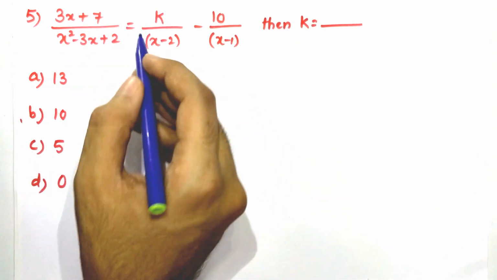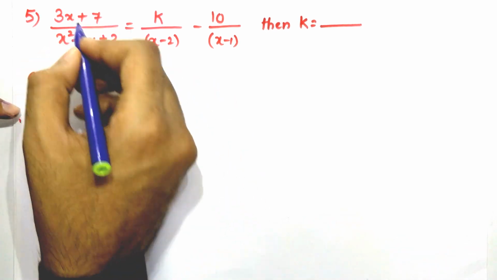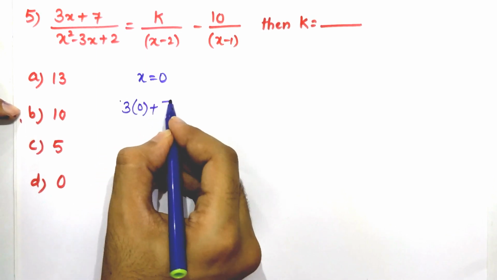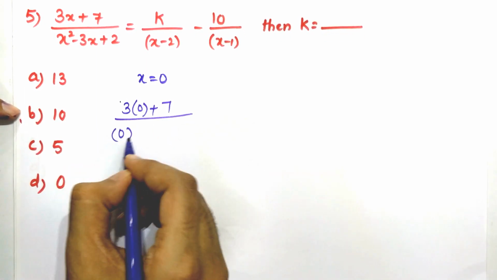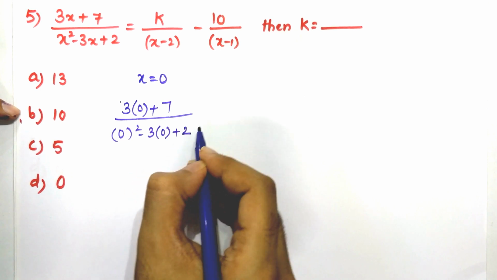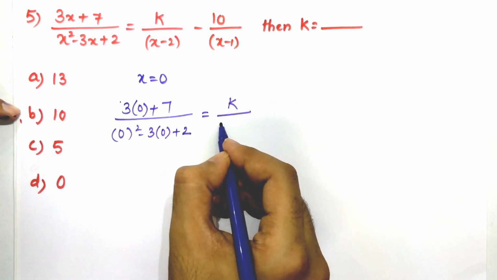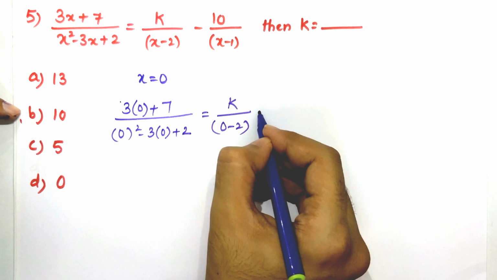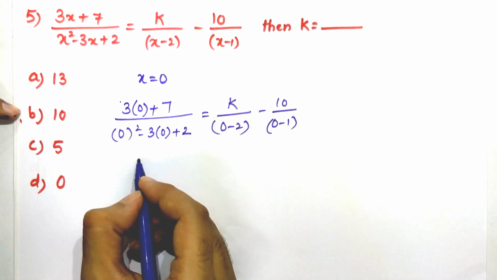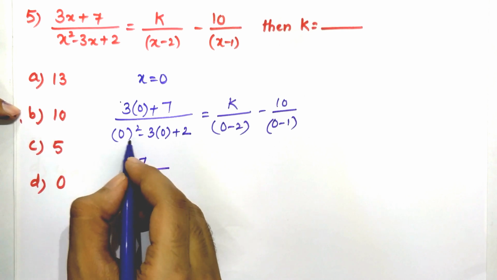So now calculate this. If I write x as 0, then (3 into 0 plus 7) by (0 square minus 3 into 0 plus 2) is equal to k by (0 minus 2) minus 10 by (0 minus 1). So 3 zeros are 0 and this would be 7. 0 square is 0.